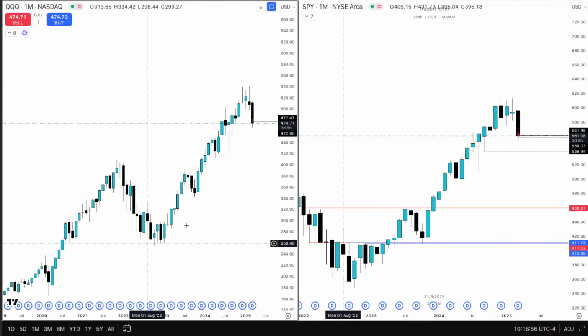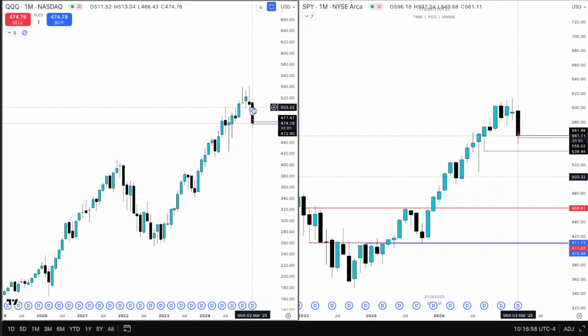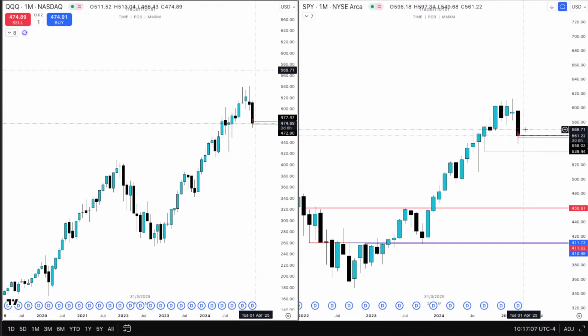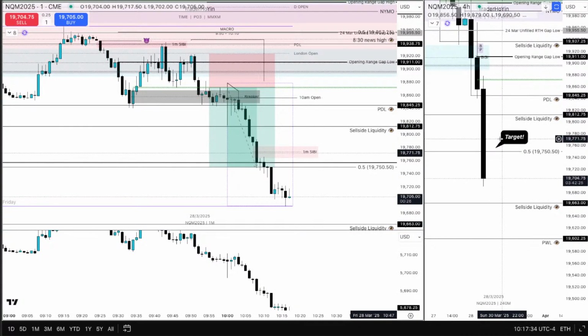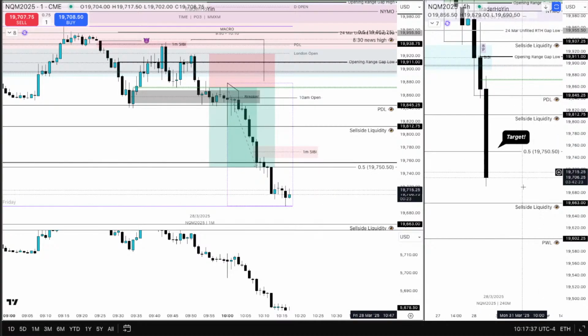If you look at this chart as a 5-minute chart, it just gives you a first drop with the change in state of delivery, and then you're waiting for the fair value gap to form, and for price to come back up and then short it, right? So if the swing low forms here, price should come back up because it needs to create that fair value gap. So yeah, market will come back up, and once it fills the higher time frame fair value gap, it will fail again and then go lower.